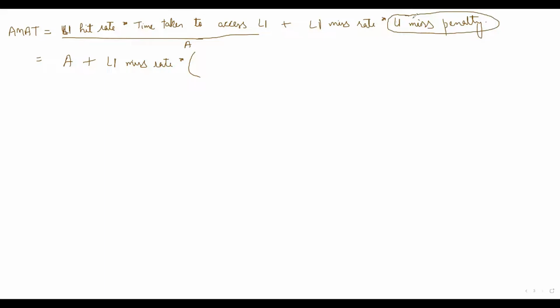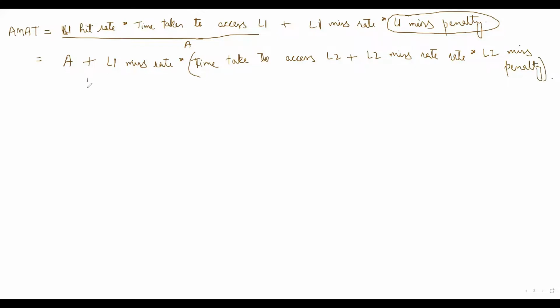So we have to go to L2. That means time taken to access L2, plus L2 miss rate, if there is a miss in L2, into L2 miss penalty.